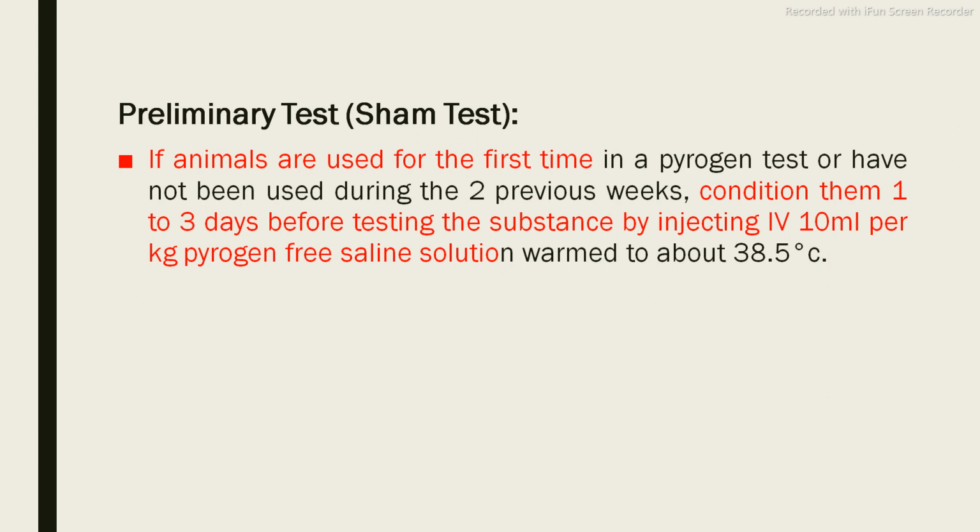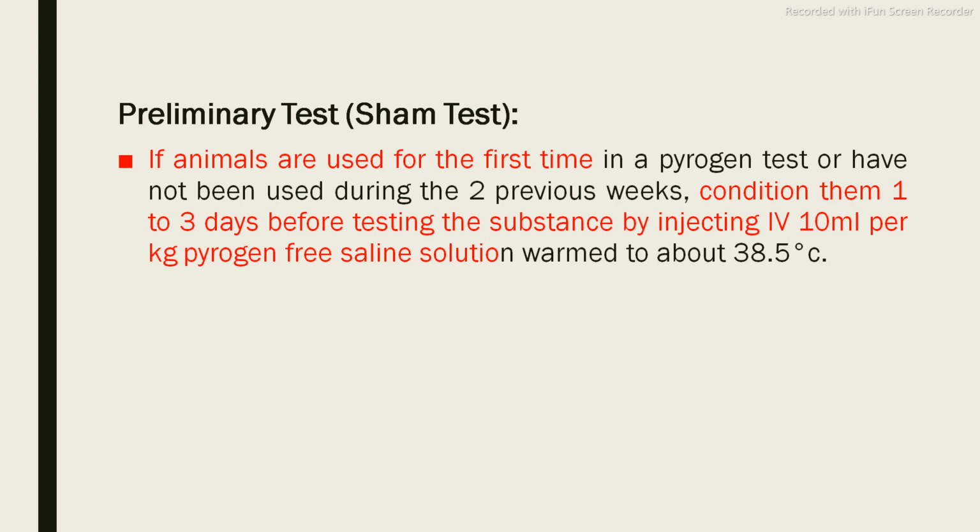Conditioning means we inject 10 ml of IV pyrogen free saline solution, and the solution we are injecting must be warmed to about 38.5 degrees Celsius.